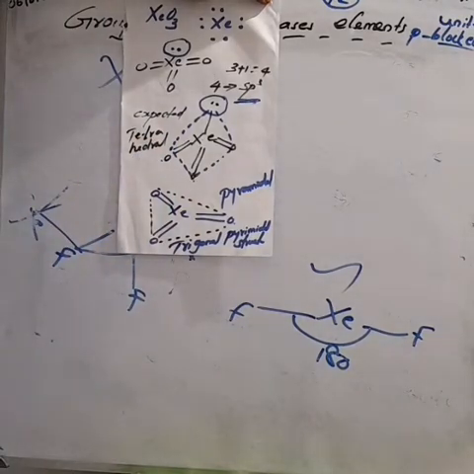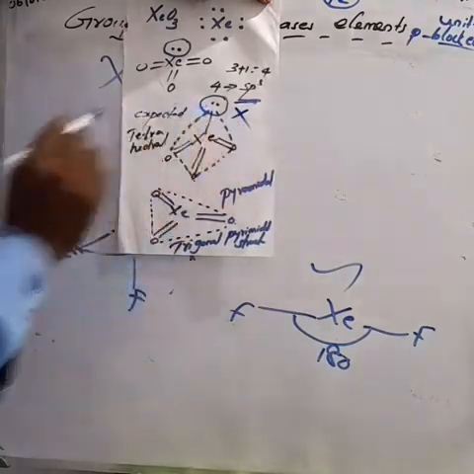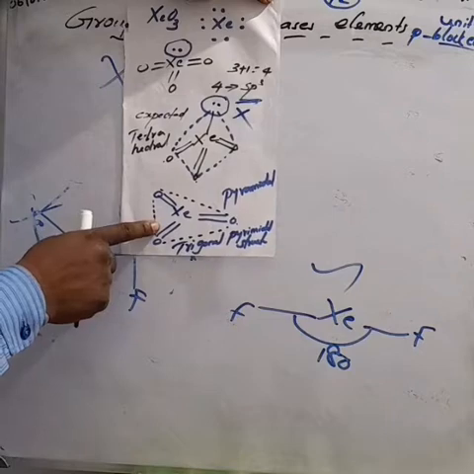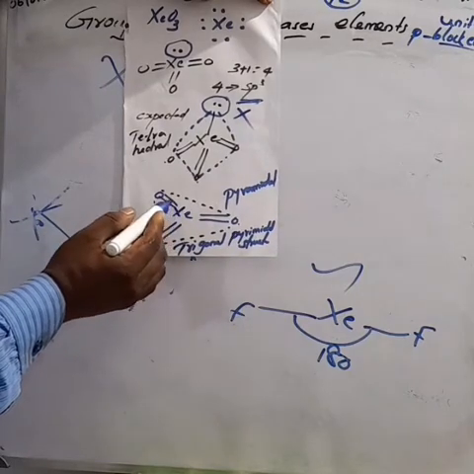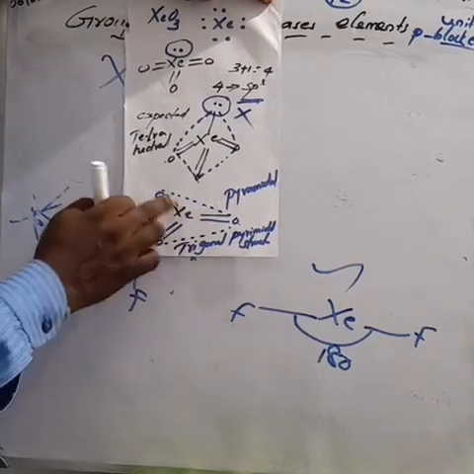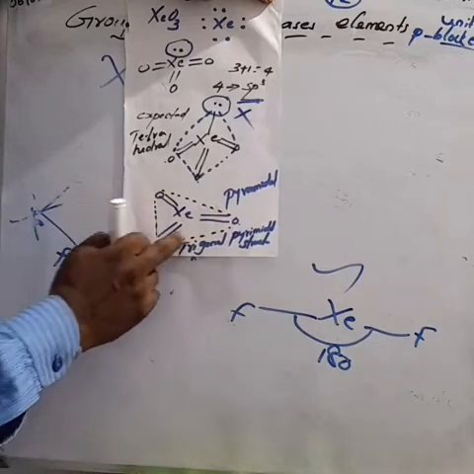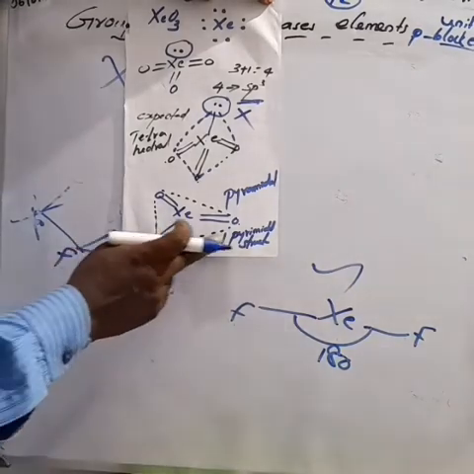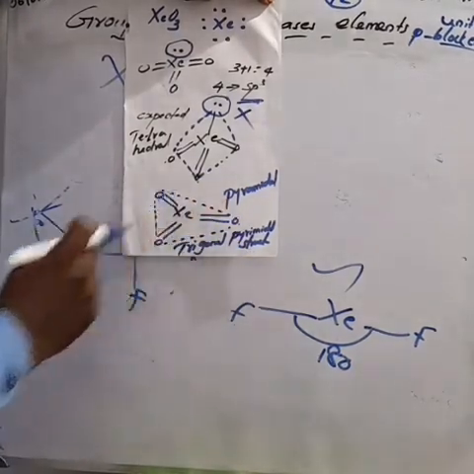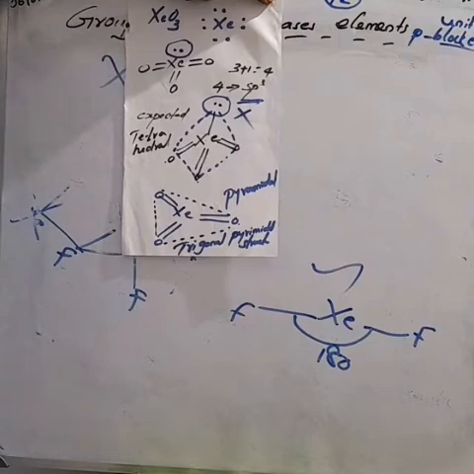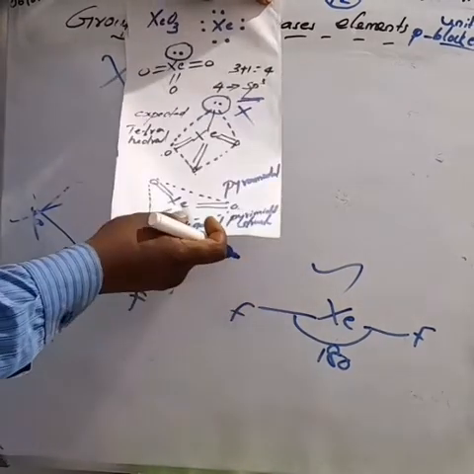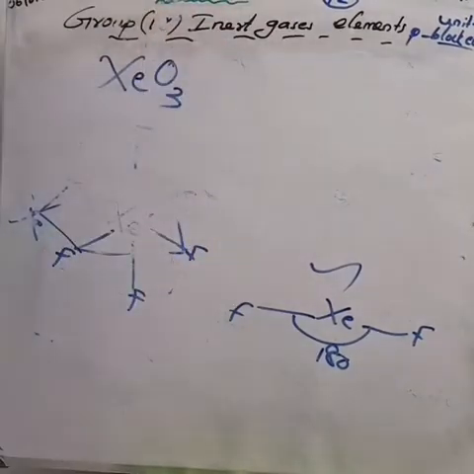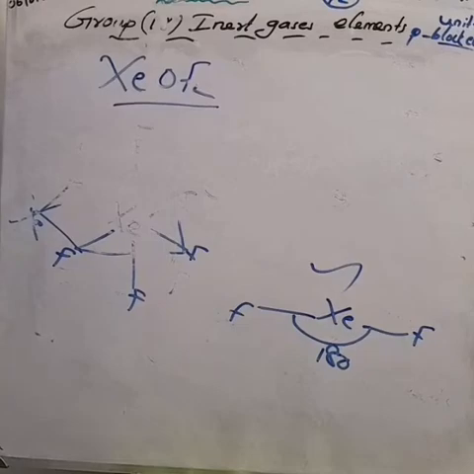But we are not considering the lone pair of electrons. For XeO3, we can say trigonal pyramidal structure, otherwise just pyramidal structure.